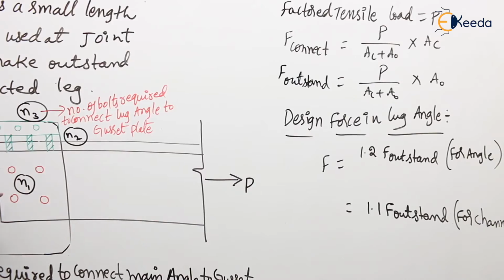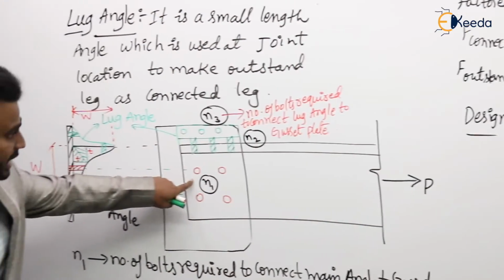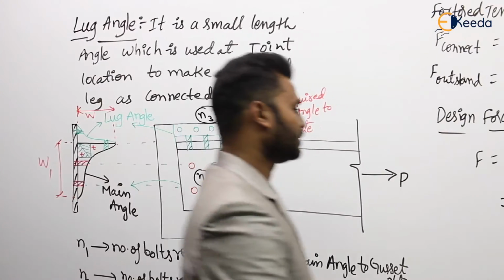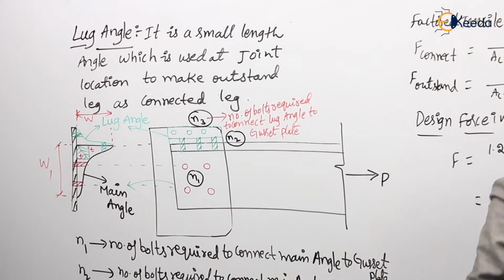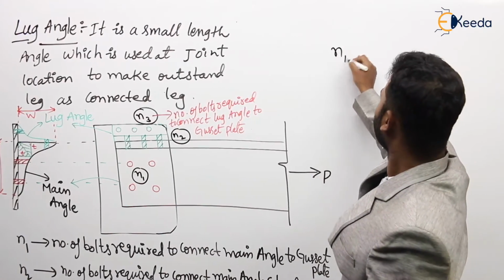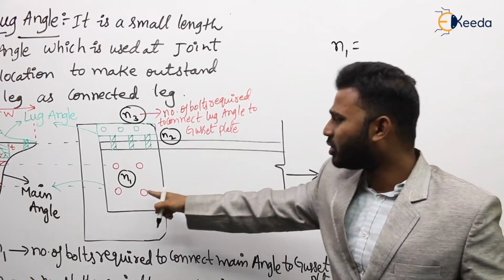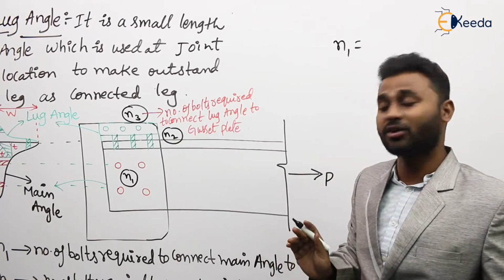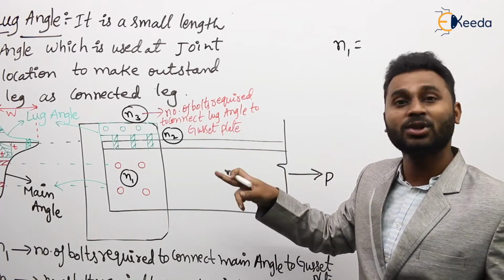Now how many bolts are required at this connection, and at this connection, and at this connection? How to calculate it? So let us see. N1 is the number of bolts required at this location, that is, the number of bolts required to connect the main angle to the gusset plate.